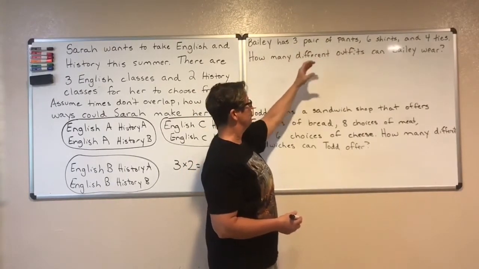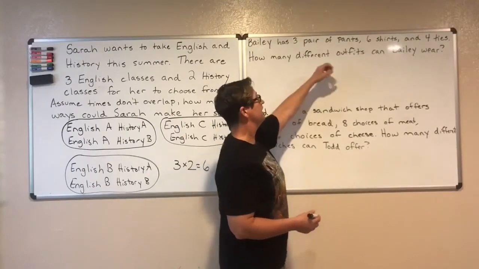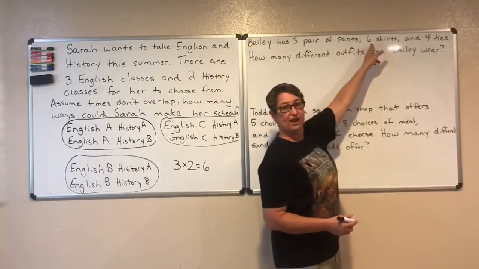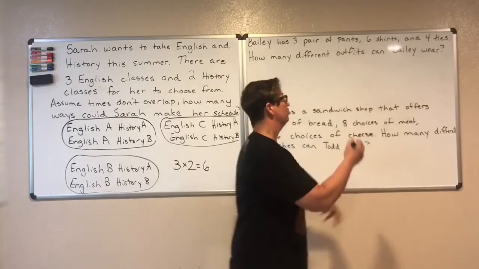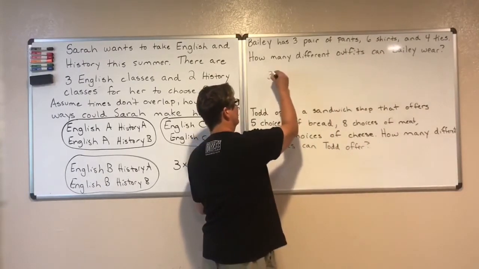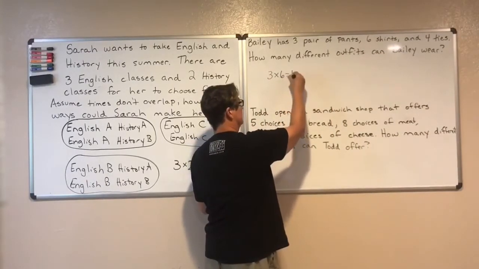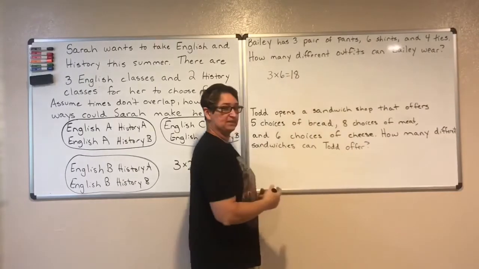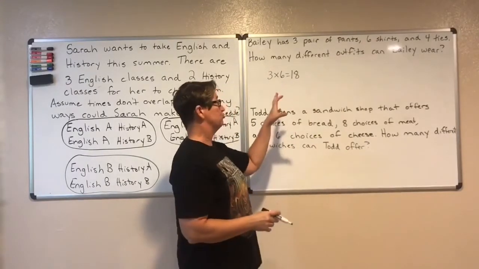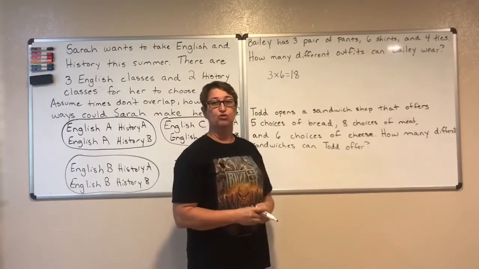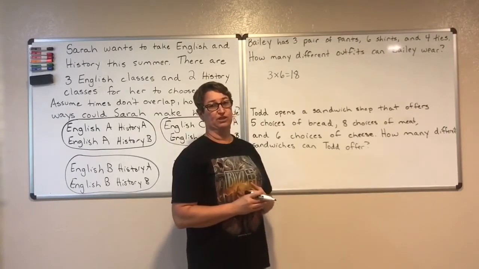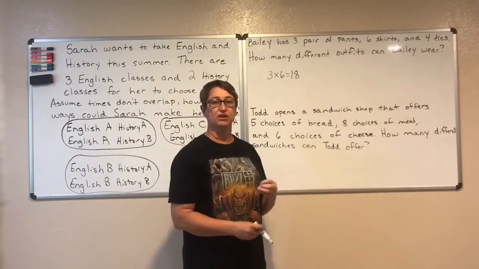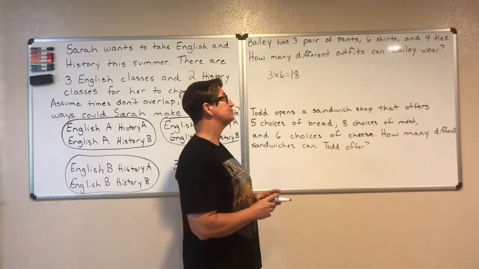So we're going to have 3 groups with those pants. And in each one of those groups, we're going to have 6 shirts. Or we could say 3 times 6 equals 18 different things. Now that's just with the pants and the shirts. So he has 18 different outfits he can wear just by changing up his pants and his shirts.